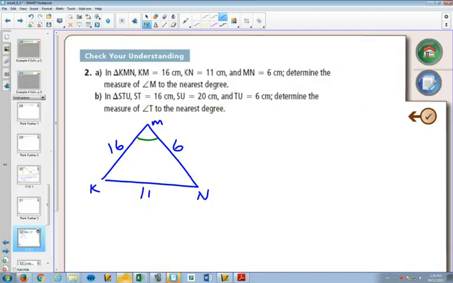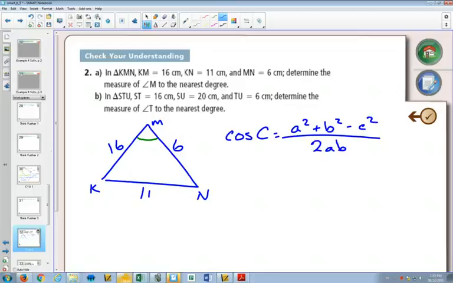Now with the cosine law, we could determine the measure of any of these angles. But now we're going to go to our formula sheet, and since we're finding an angle, we're going to use this formula. And the key thing in this formula is whatever angle we're trying to find, its opposite side goes there.